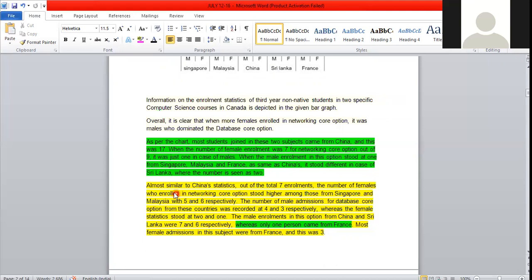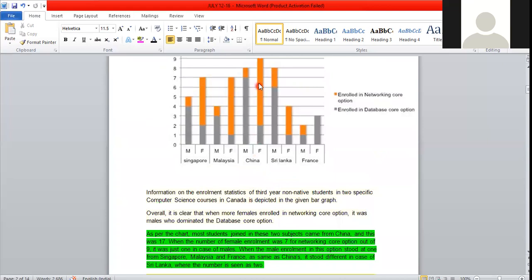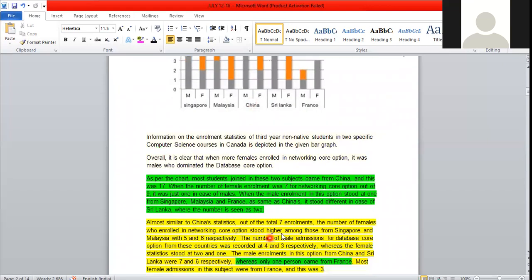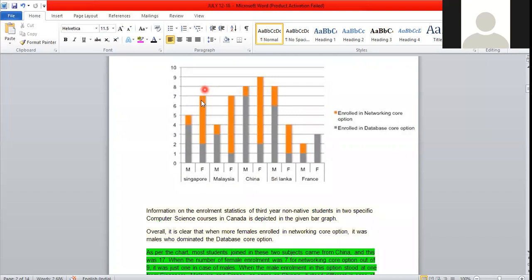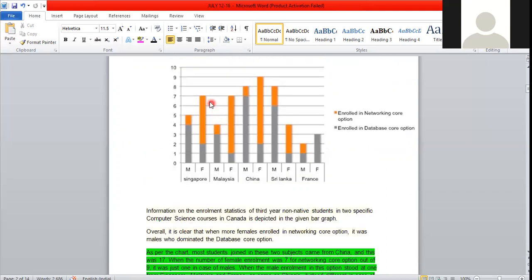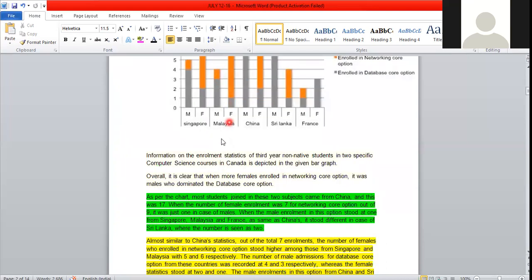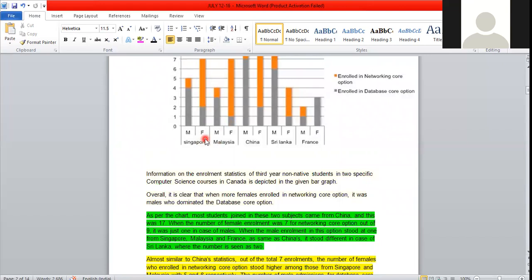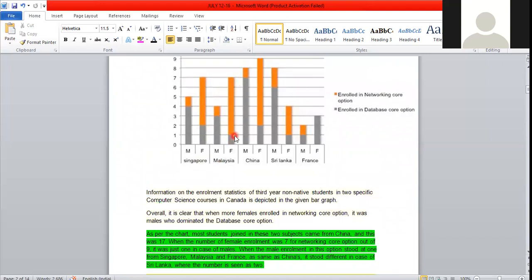So similar to China's statistics, these are 7 enrollments here, 7 enrollments here. It was higher: 5 in Singapore, 6 in Malaysia.